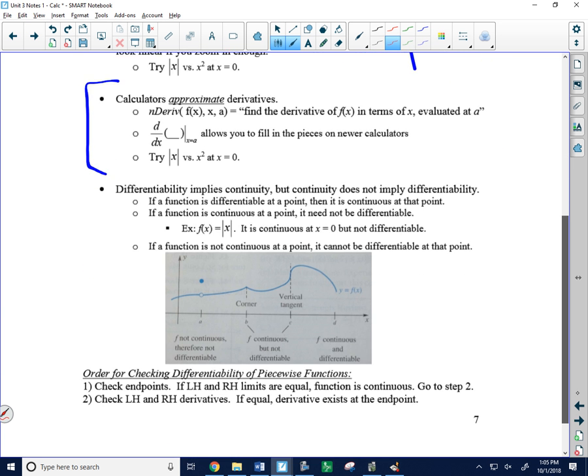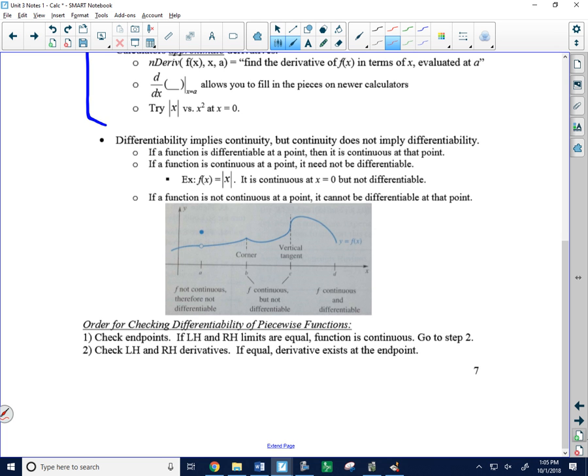Okay, and then moving along, here's something I've actually already talked about with continuity, but it is important. It says differentiability implies continuity, but continuity does not imply differentiability. Let me explain the first part.